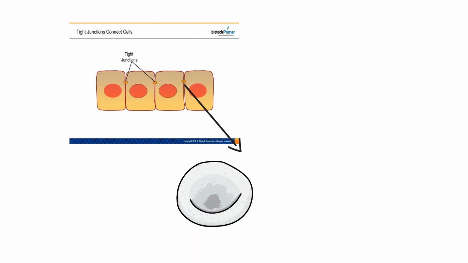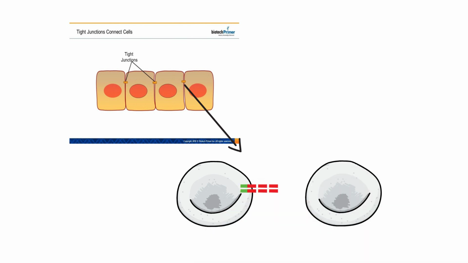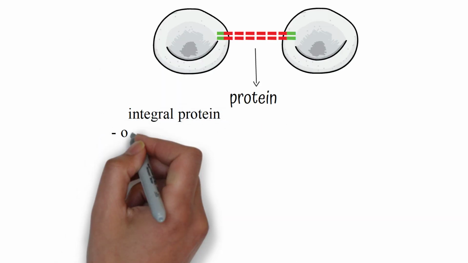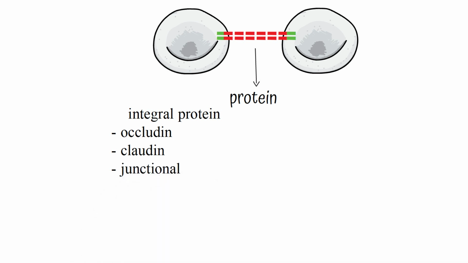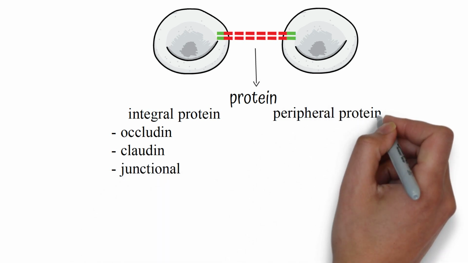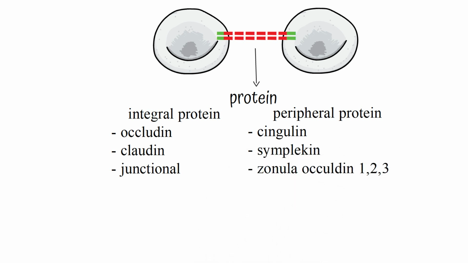Now, if we see it broadly, the two cells are connected by tight junction and this is done with the help of protein. Here we have two types of proteins, integral protein and peripheral protein. Integral proteins involve occludin, claudin and junctional adhesion protein, while peripheral proteins involve cingulin, symplekin, and zonula occludens.